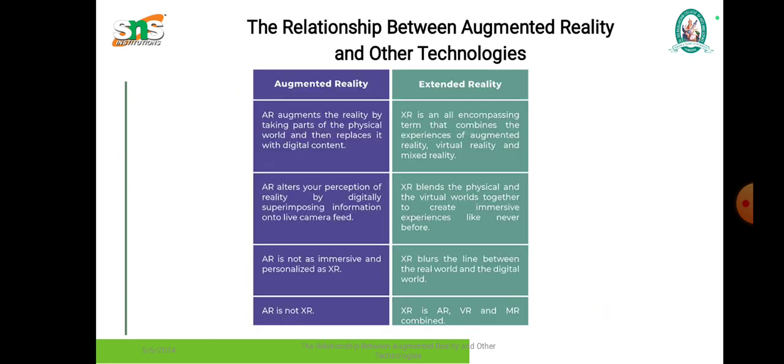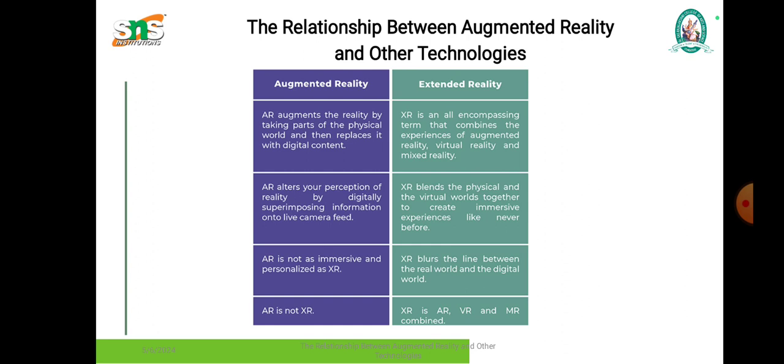And the next relationship is AR and XR. AR is augmented reality and XR is extended reality. In the first point, AR augments reality by taking parts of the physical world and replacing them with digital content.